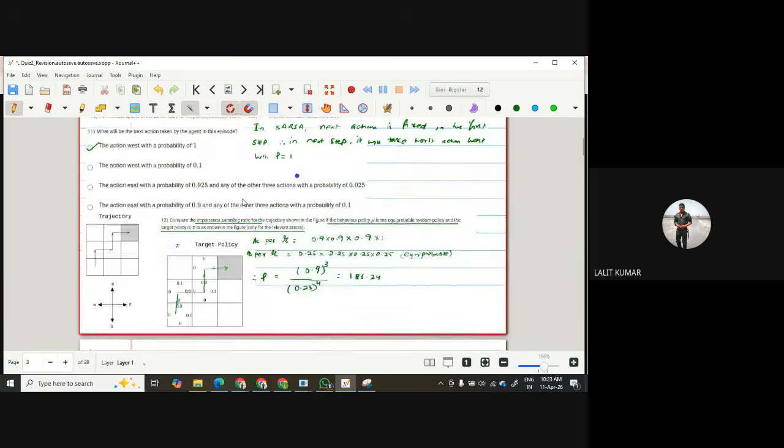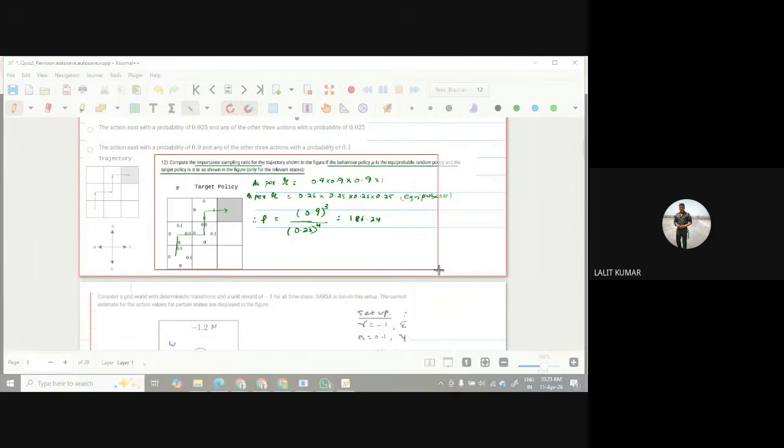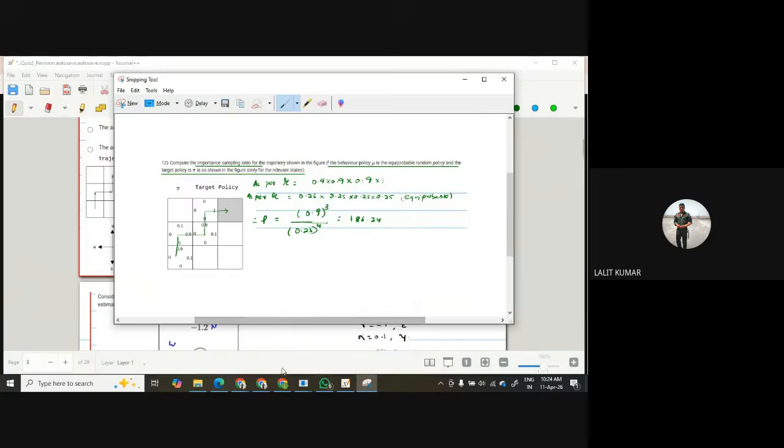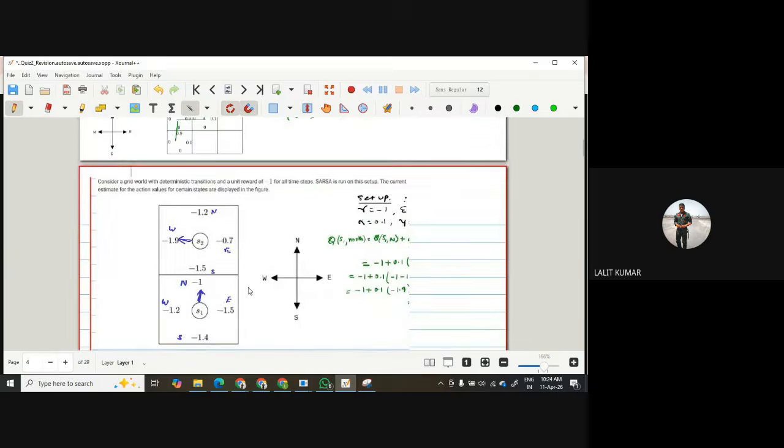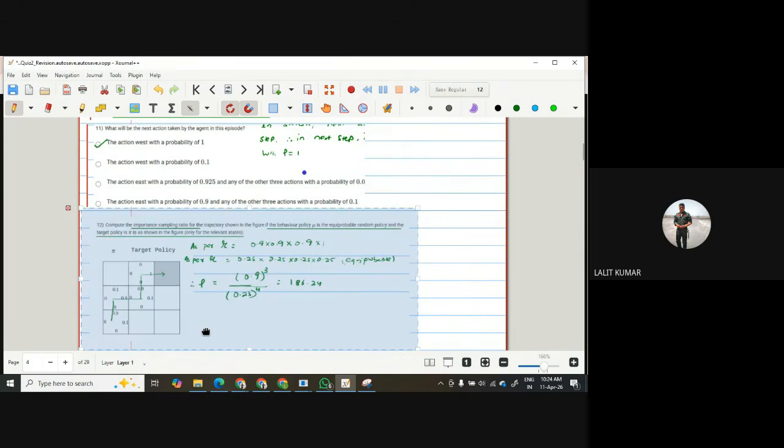Okay. Now there is a question of importance sampling also, though it is covered in week 6, but we will cover this also here only. So what is importance sampling? I am expecting a question on importance sampling.